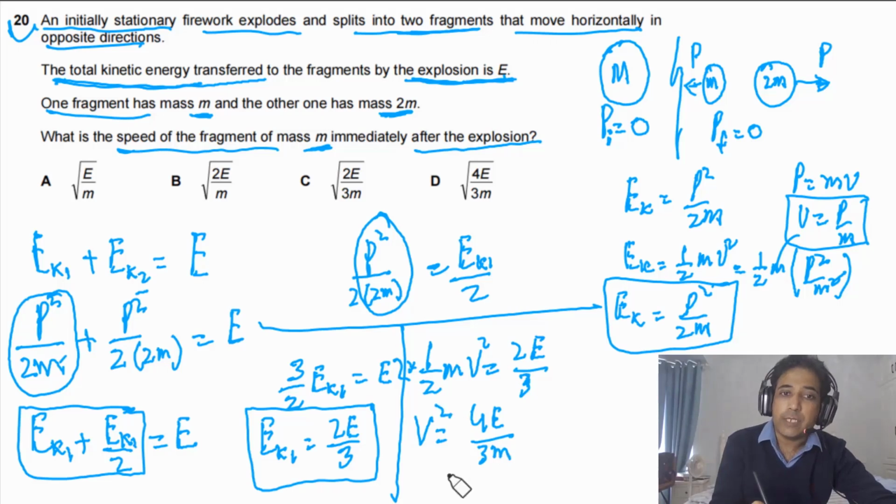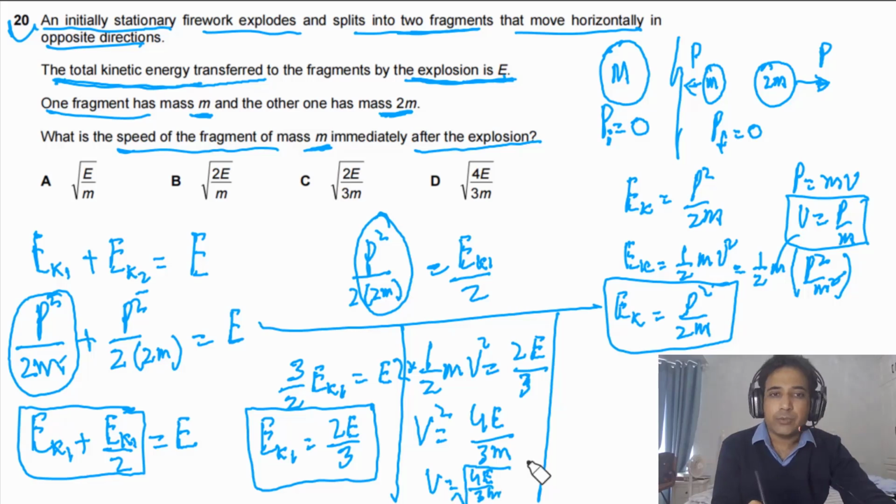But we need the value of v, so we need to take the root. So finally v is equal to the root of 4E divided by 3m. So this is our final answer.